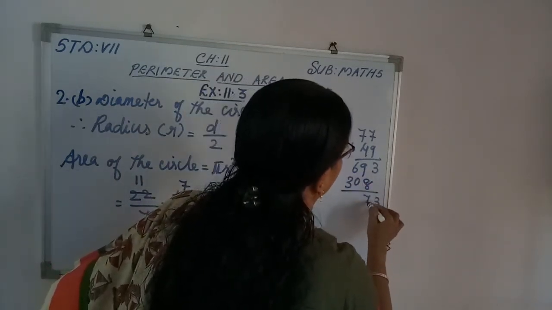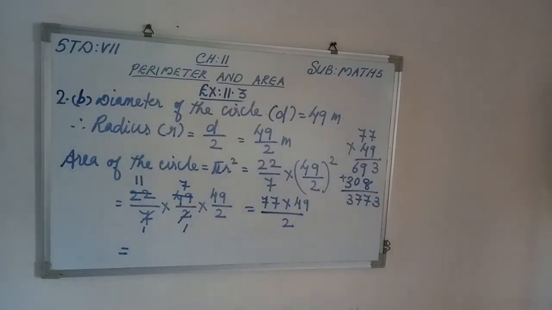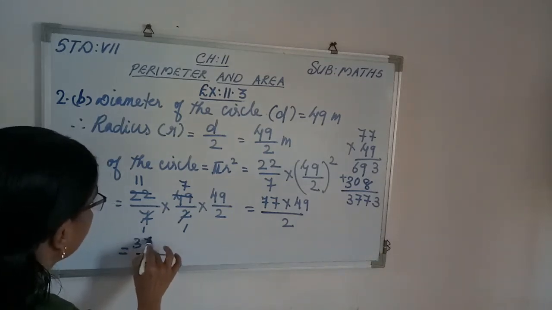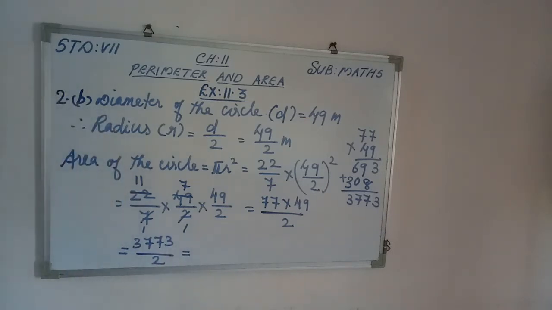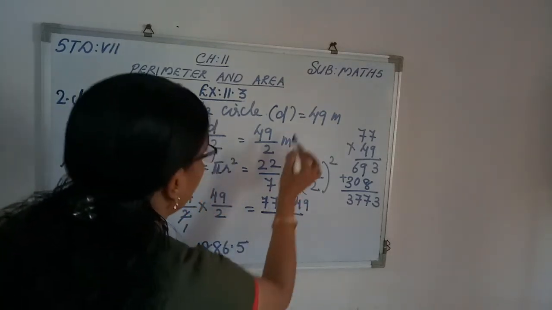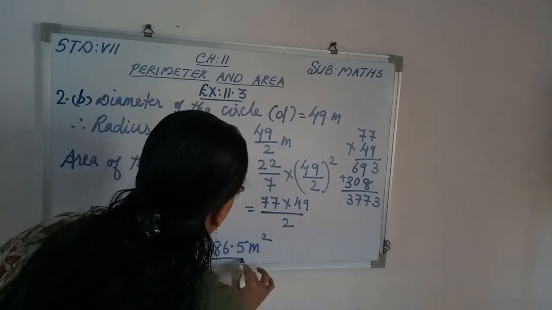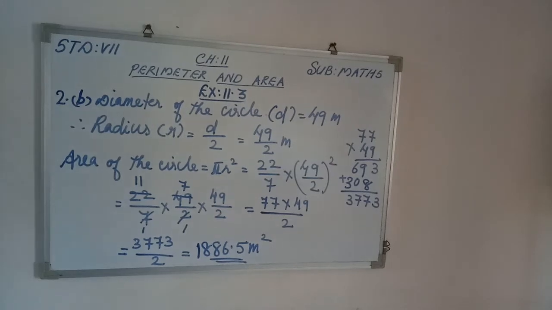So answer 3773 divided by 2, that's equal to 1886.5 meter square. When you divide 3773 with 2, you will get 1886.5. That's the area of the circle.